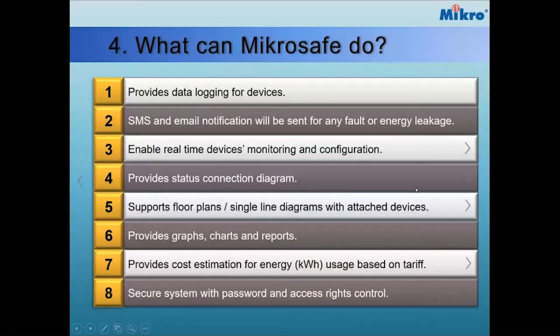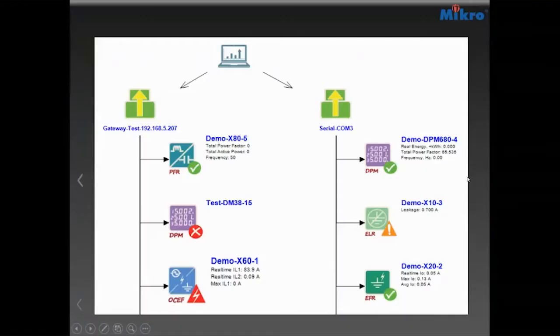We also provide a status connection diagram. This diagram will be auto-generated by our software. And what we can see is this is the PC. The left and the right, these two are the converters. So all the devices here are connected to this converter, and same as here.